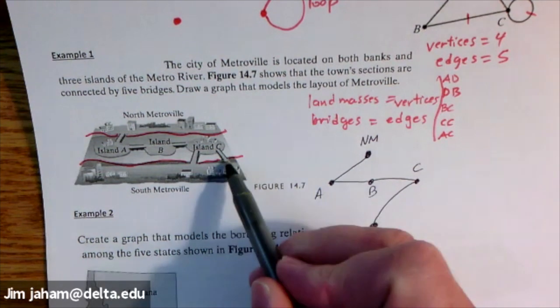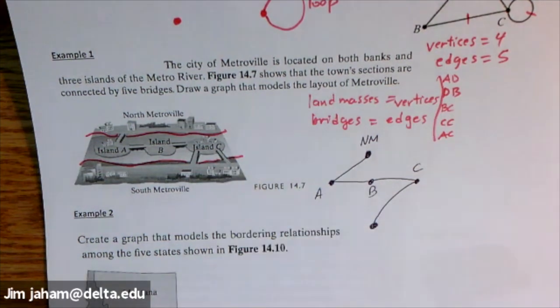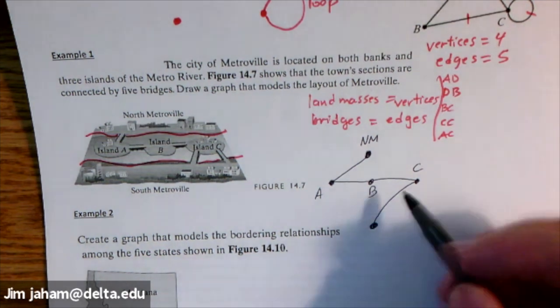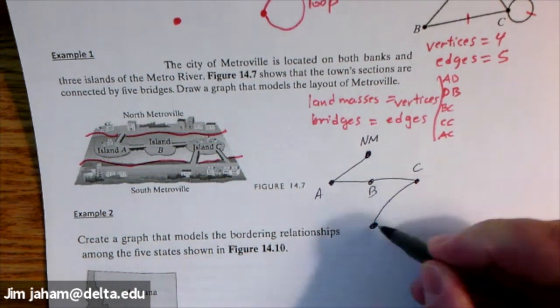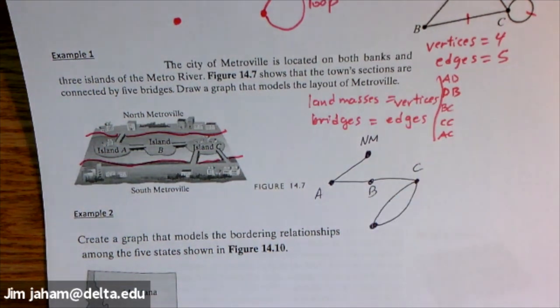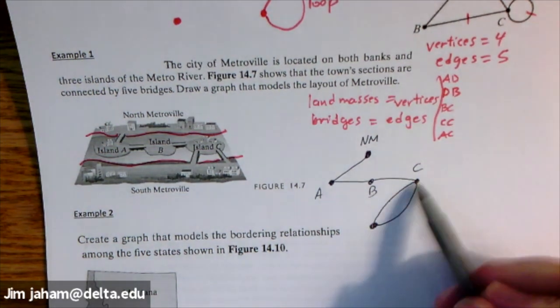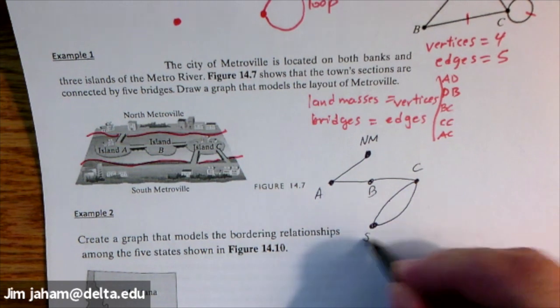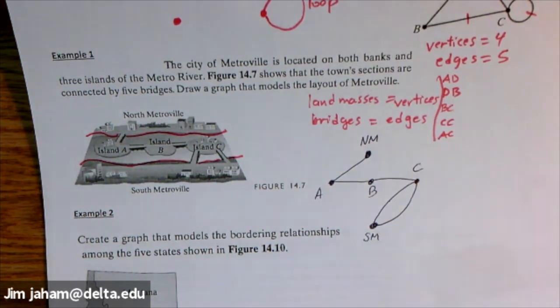There. But then there's another bridge going from South Metroville to Island C that is different than this bridge. So to denote that, we'll just come back this way. And now we have 2 bridges going from Island C to South Metroville. And there's the graph that models the situation.